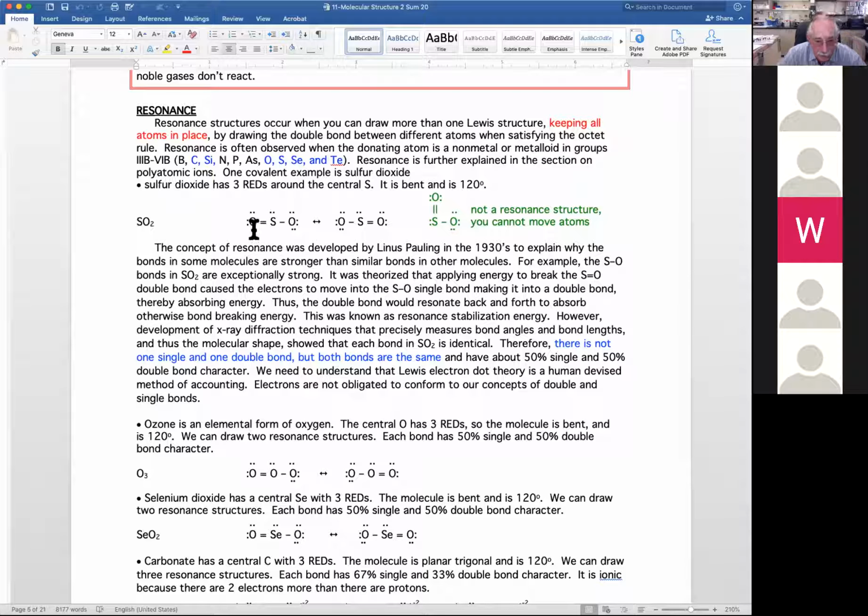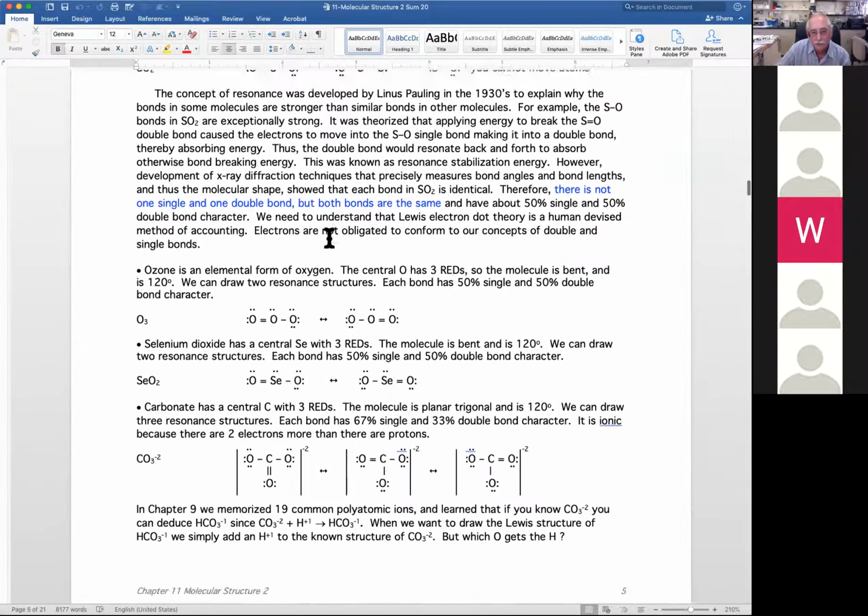But I could have put the double bond here, or I could have equally put it over there. If I did, I'd get the other resonance structure. So resonance structures differ only in where you put the double bond. You cannot move the atoms, you're only moving where that double bond is.